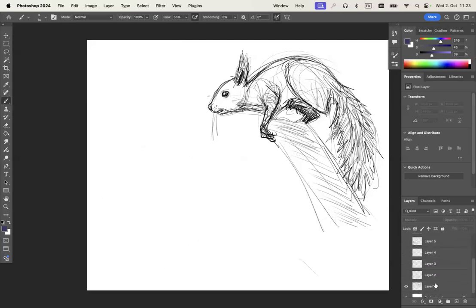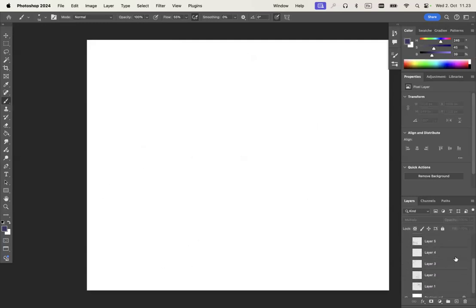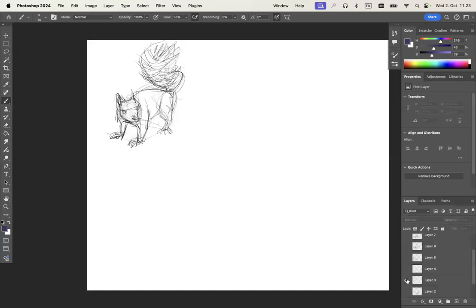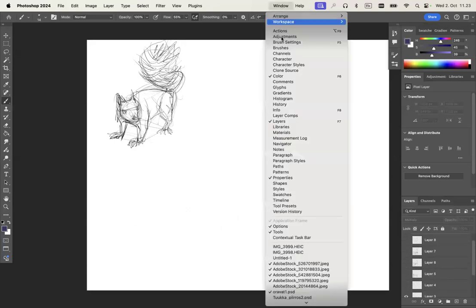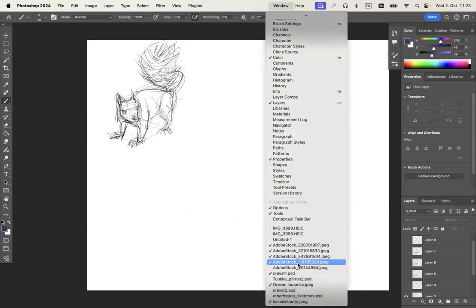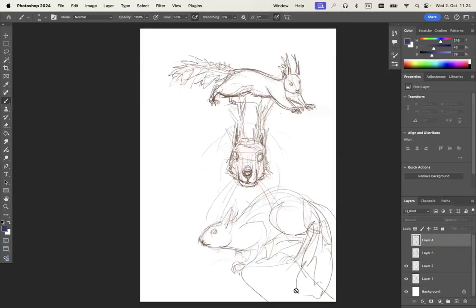Let's see. Let's go to the other squirrel that I've got here. Here I tried to get a better understanding of what the squirrel would look like from the front.